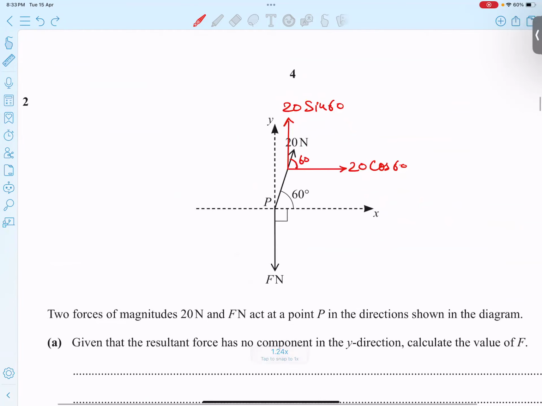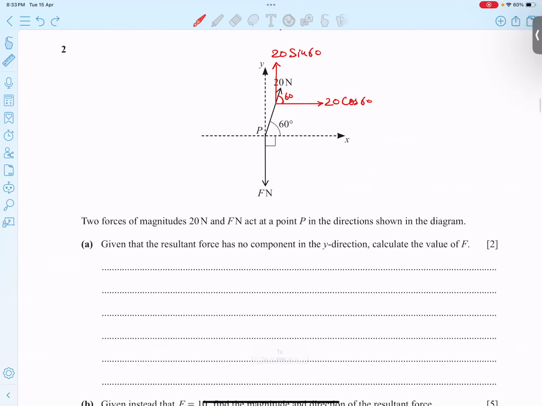Now, according to the situation, he said there's no component acting in y direction. It means upward and downward, they are balanced. So I can say this and that are equal to each other. Okay, that is why if you subtract them, for example, let's say 5 and 5. So 5 minus 5 gives you 0. I hope the point is clear.